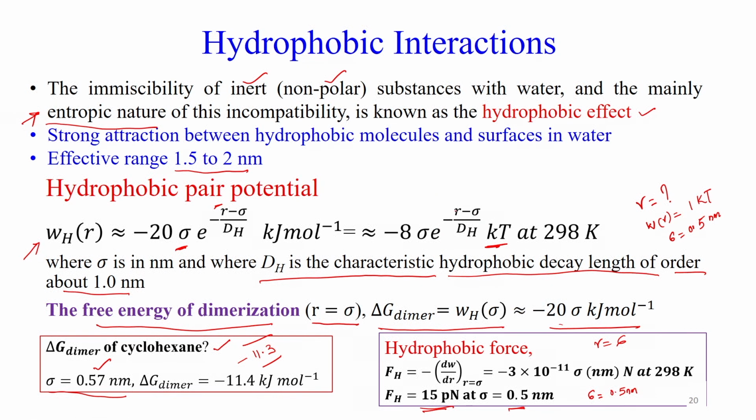So, we should be able to calculate at what value of r the potential will be less than or equal to 1 kT, and if you calculate, it will come out to be in the range of 1.5 to 2 nanometer. That is why we discussed that the effective range of hydrophobic interaction is between 1.5 to 2 nanometer.